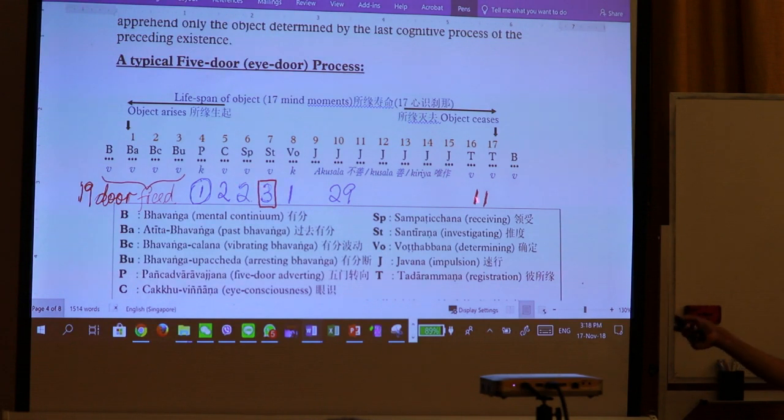But it is also 11. But we can count totally 49. But we no need to count the 3 two times, because we are going to count how many consciousness, not how many functions of consciousness.